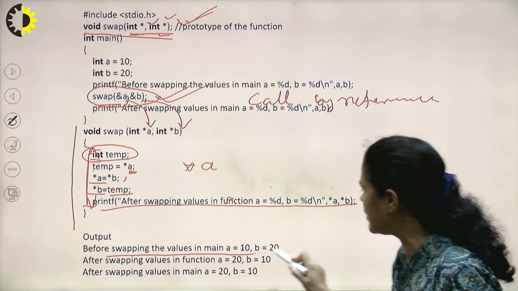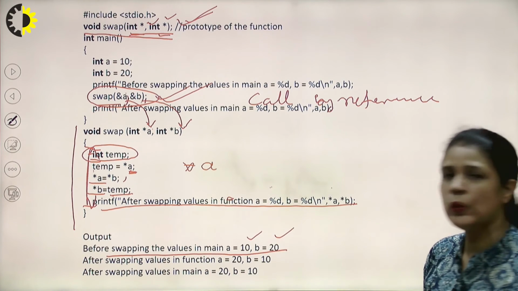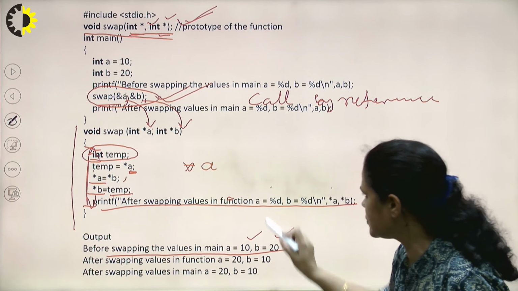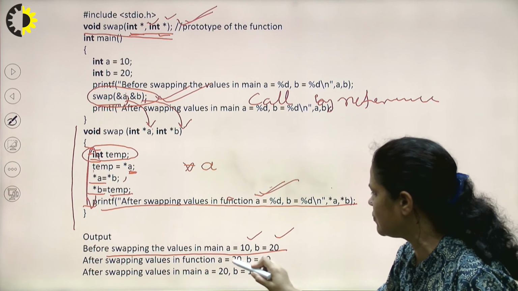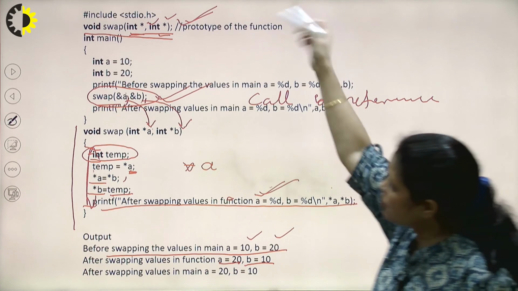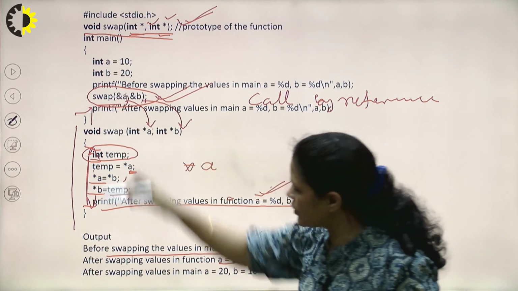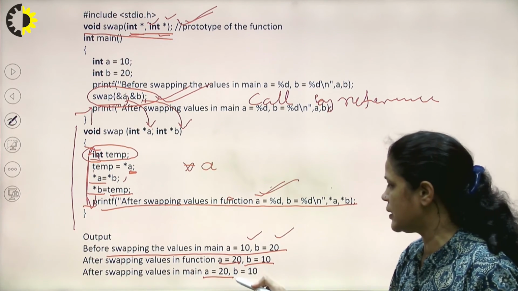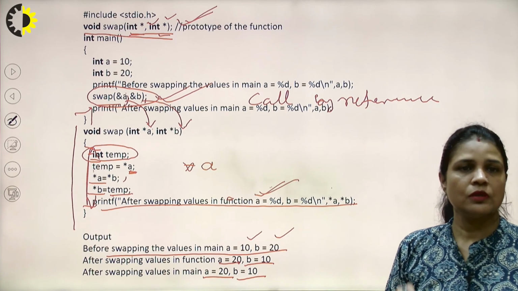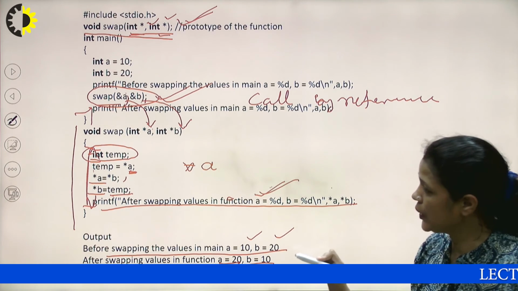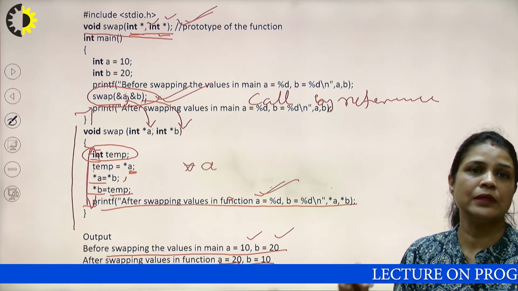Before swapping, we have 10 and 20 values in a and b correspondingly. After swapping values in the function, what will this statement give? a 20, b 10. Right. And after swapping, what is this printf statement giving? Because the changes are permanent, it is giving 20 and 10. So with the help of call by reference, what are we doing? We are getting permanent change.